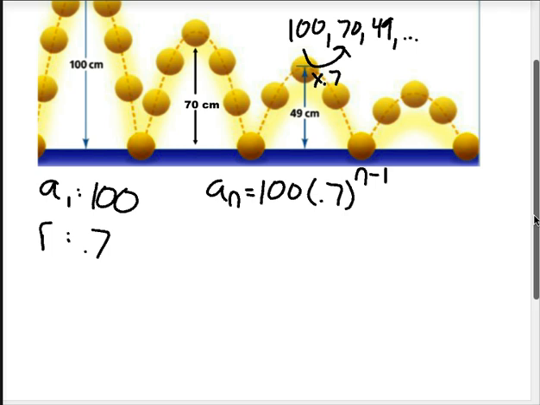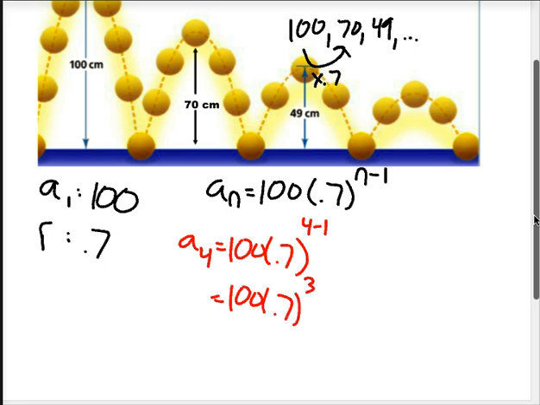So that means when I want to find the fourth term, I just have to plug this in. And let's see what that is. 100 times 0.7 to the third is 34.3 centimeters.